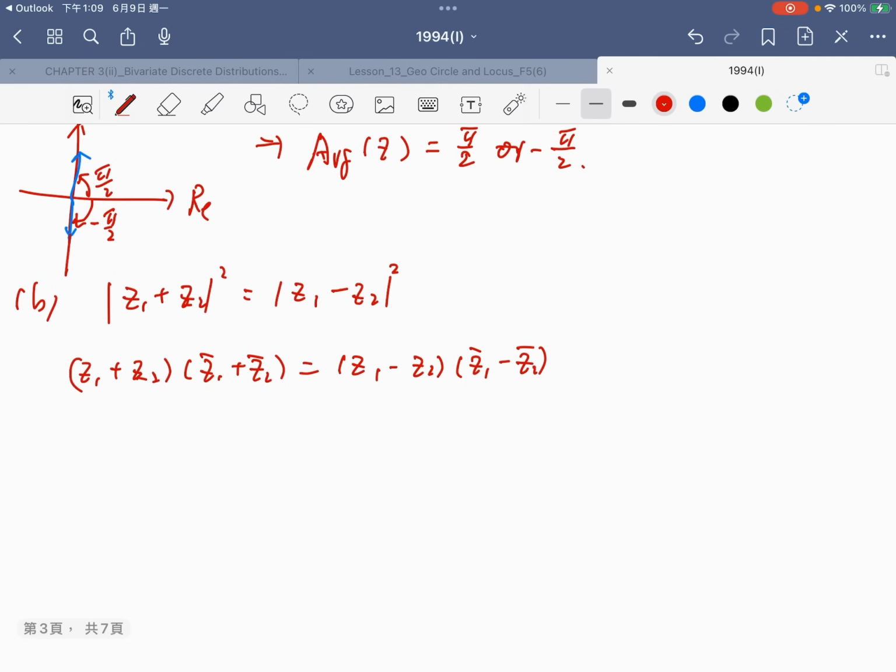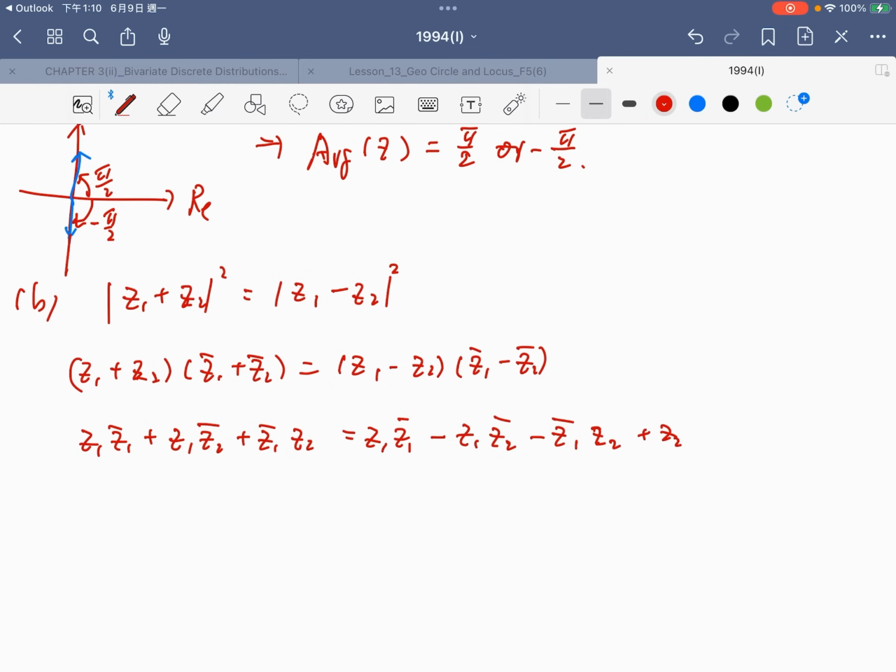And then expand both hand side. z1 z1 conjugate plus z1 z2 conjugate plus z1 conjugate z2 plus z2 z2 conjugate equal to z1 z1 conjugate minus z1 z2 conjugate minus z1 conjugate z2 plus z2 z2 conjugate.